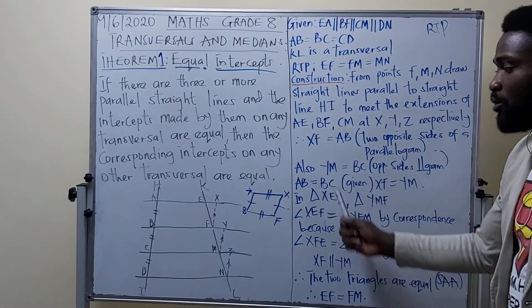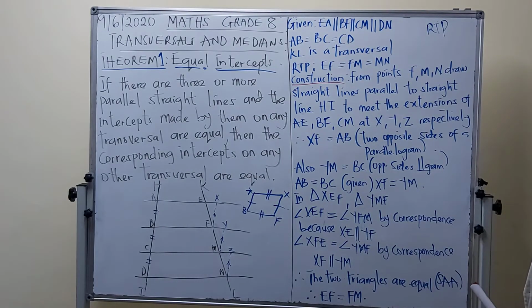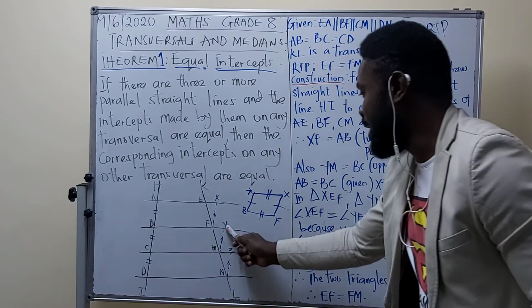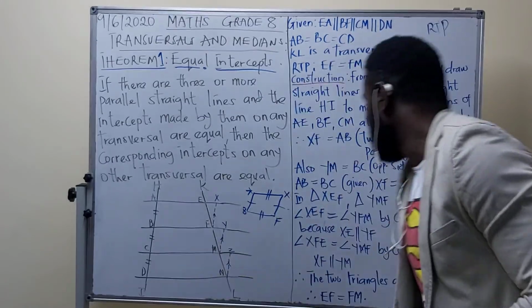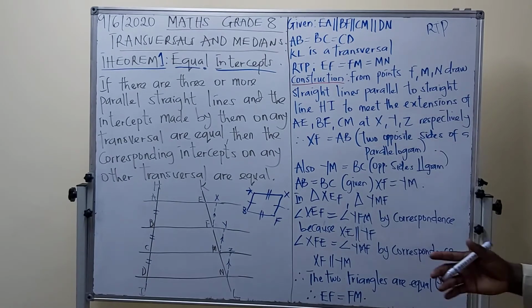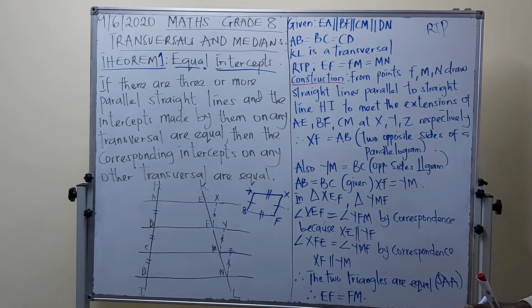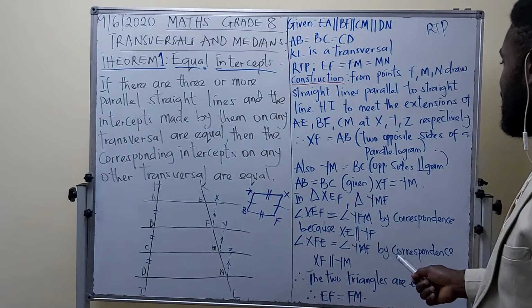Now, also, YM equals BC. Where is point Y, where is point M? Is a line. Now, YM equals BC. The exact thing that links them together is that they are two opposite sides of the parallelogram as well, and there are two parallel lines. So that's that about that.